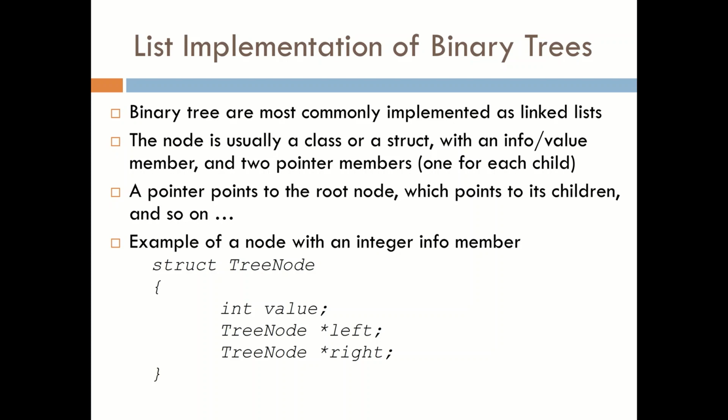The first one is an integer called value, and then the second one is a tree node pointer called left, and the third one is a tree node pointer called right, and these would represent pointers to the children of this particular node.